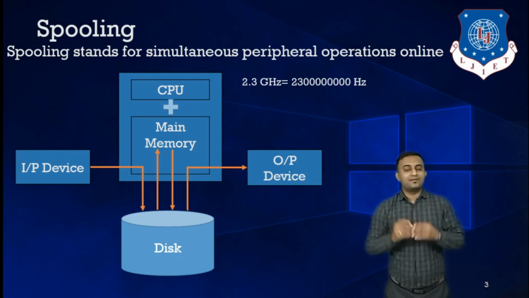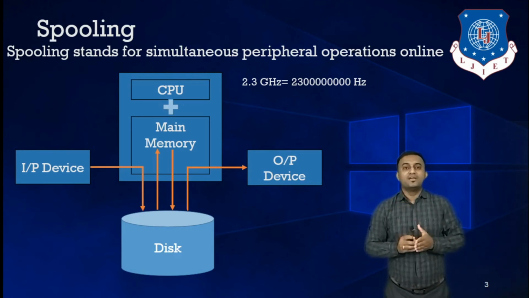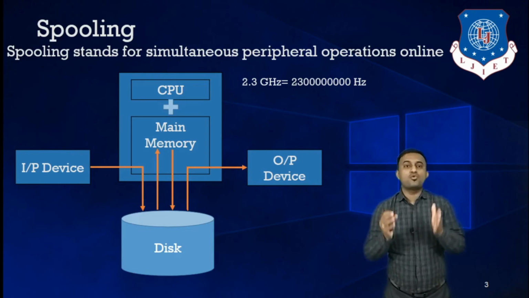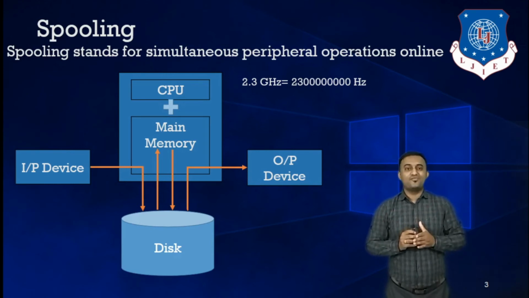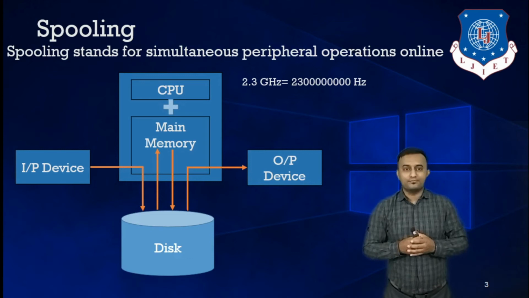You can say that secondary memory is one type of godown, and main memory is one small shop. In real life, main memory is a small shop, and disk is a large godown.